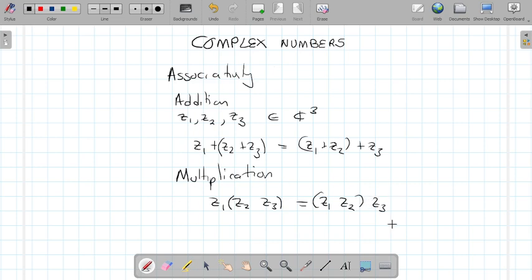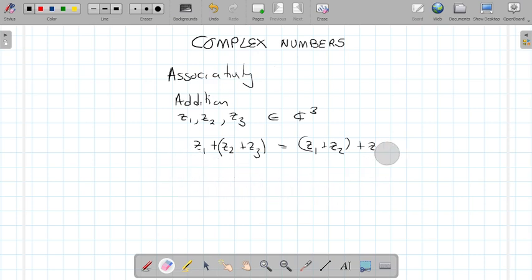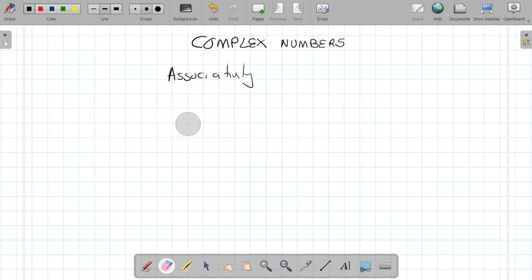The order in which you multiply them is not important. Now, that is associativity with respect to multiplication. So let's also talk about commutativity. This has to do with things changing positions. All right, so let's talk about commutativity.